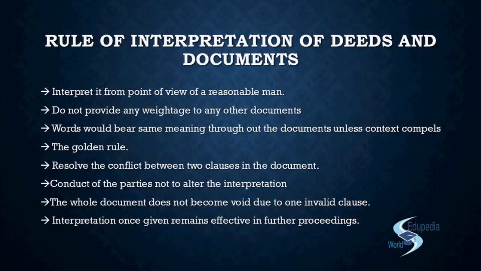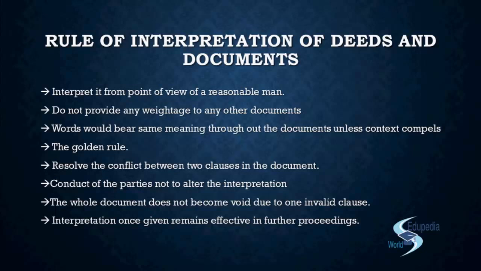Number one, interpret it from the point of view of a reasonable man. Do not provide any weightage to any other document. Words would bear the same meaning throughout the document unless the context compels otherwise. Then you have the golden rule. You remember the comparison between a layman and the expert, right? Then you have to resolve the conflict between two clauses in the document.